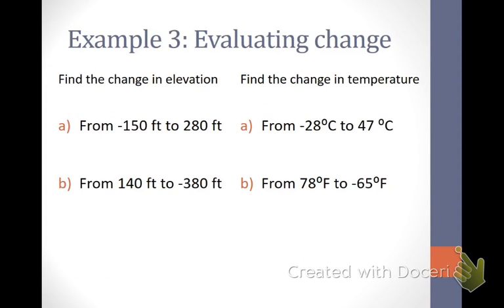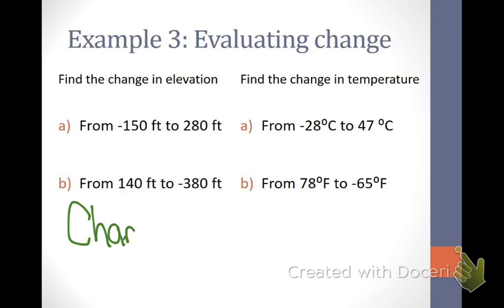Okay, good. All right, now in example 3, you need to know a formula, okay? This is a formula that's kind of set in stone as far as the operation, but we'll follow it to find any change in elevation or temperature. So here's my formula.